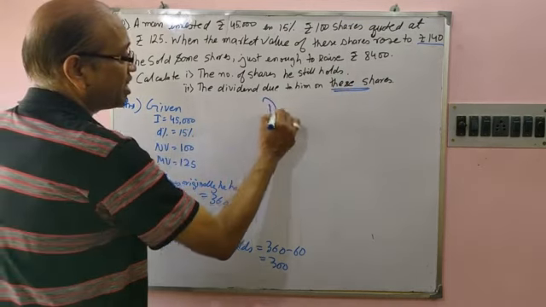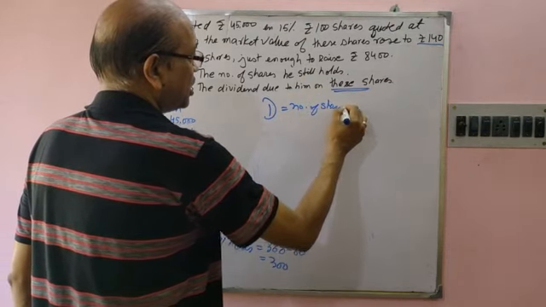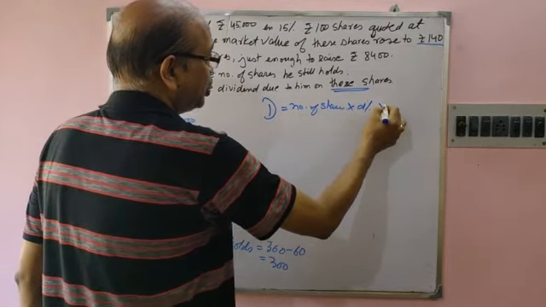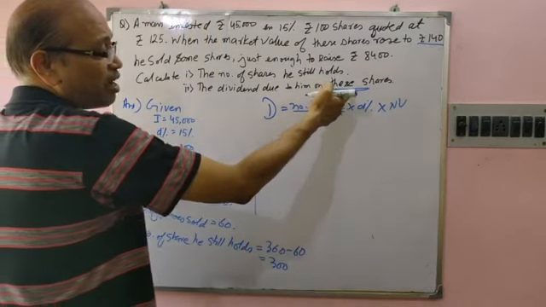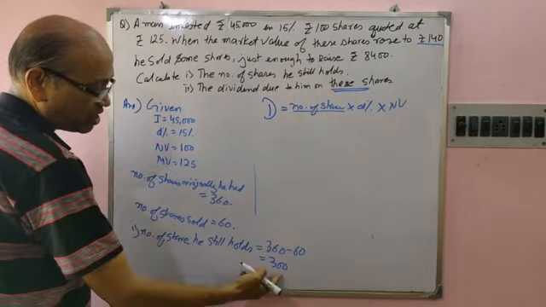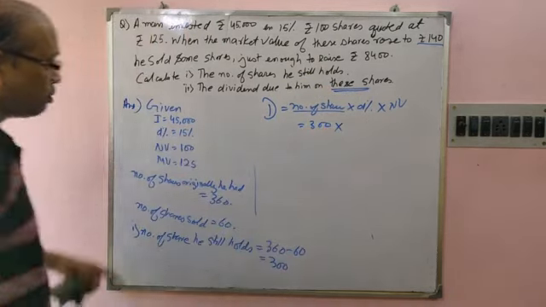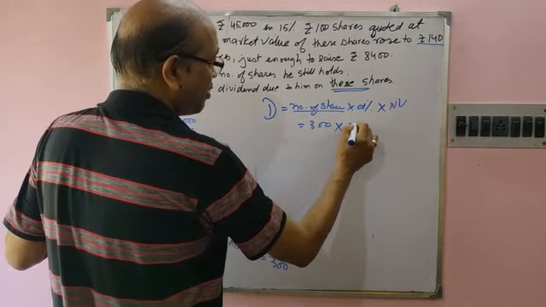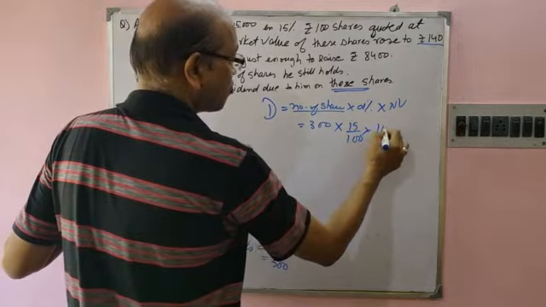So dividend is equal to number of shares into D% into nominal value. Number of shares, these means the number of shares he still holds. What is the number of shares? 300. 300 into D% which is 15 by 100 into nominal value which is 100.